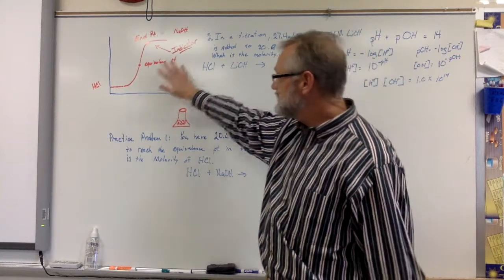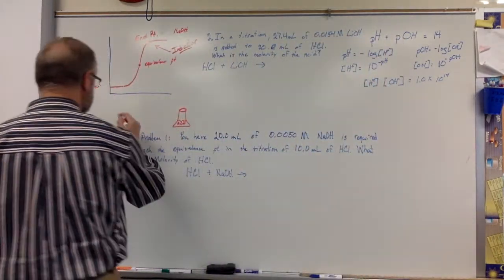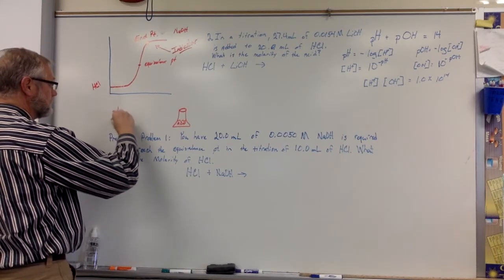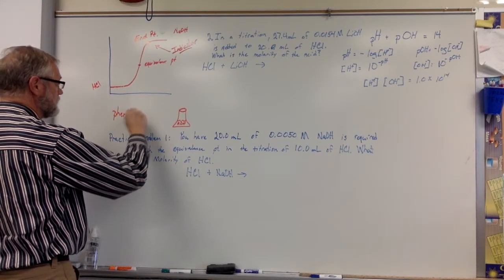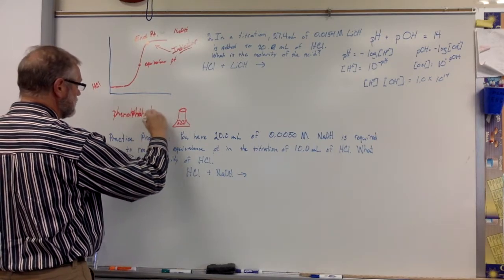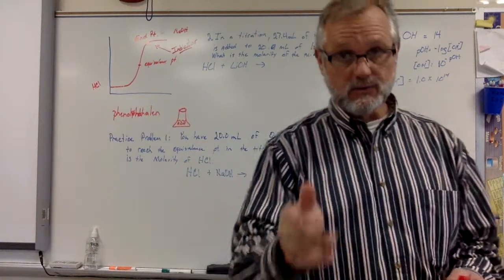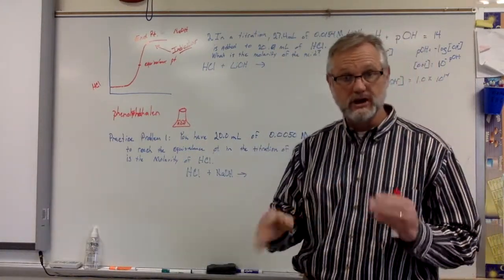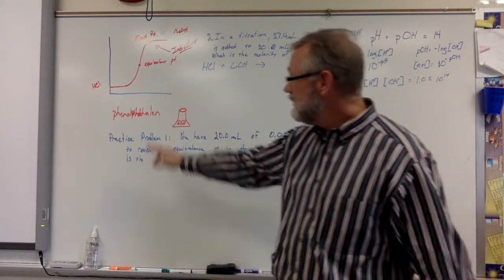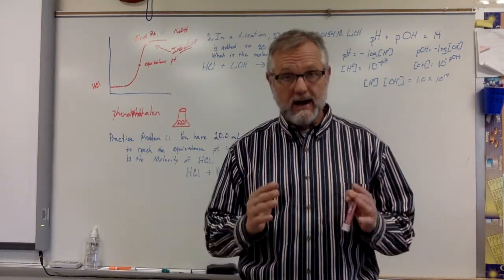So the indicator that we like to use in all of chemistry is phenolphthalein. And phenolphthalein is what you're going to see in your lab simulation whenever we go through it. But the reason that we like phenolphthalein so much is because the bottom line is it's clear.